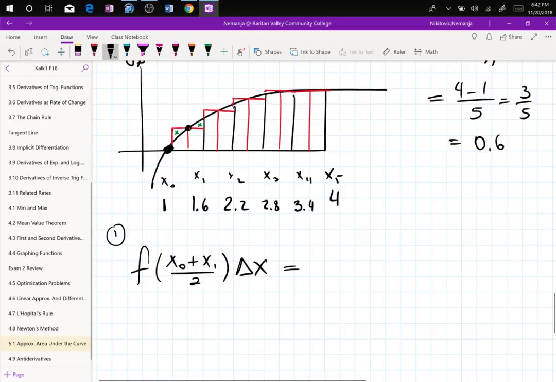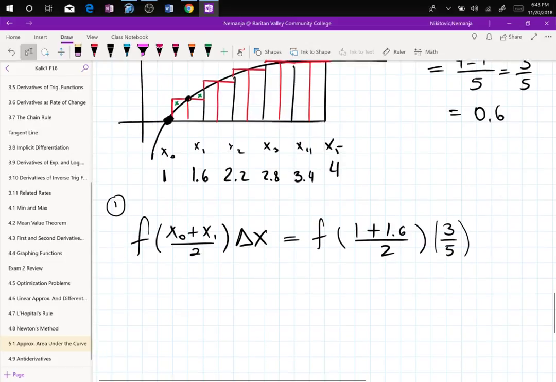So the function needs to be computed at 1 plus 1.6 divided by 2. And then delta x is 3 over 5. When we are done, we still have to deal with that.